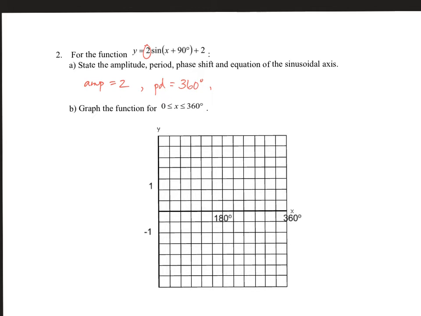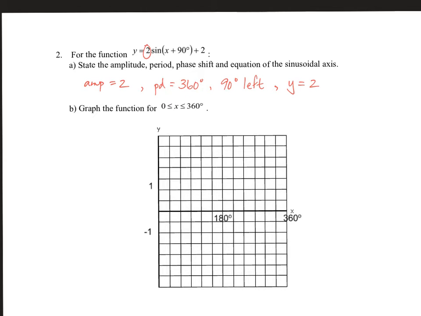What was my phase shift? I had a phase shift of 90 degrees, and I was going in the left direction. And what is the equation of the sinusoidal axis? That is what is the middle of my graph, and I know that that is y equals 2. It is my vertical shift. So we should be able to list all of those properties from seeing it up in our graph.